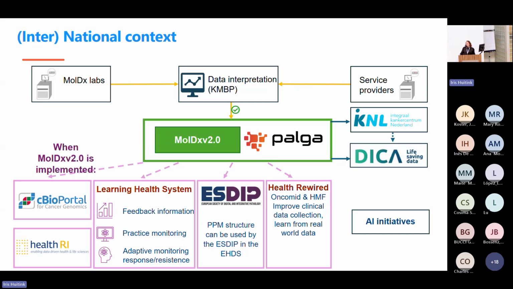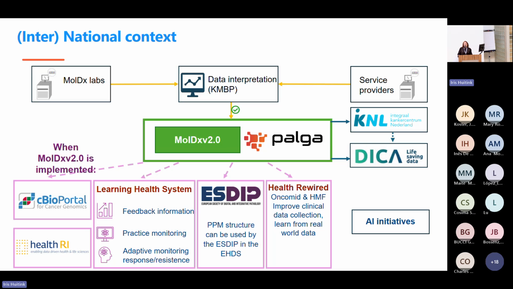If we would be able to do this, then we would end up with an infrastructure where we have the data of all the pathology labs. After the molecular data has been analyzed by the molecular biologists, the data is then stored in the PALGA database. PALGA is already connected to IKNL and DICA, so they can already share data.